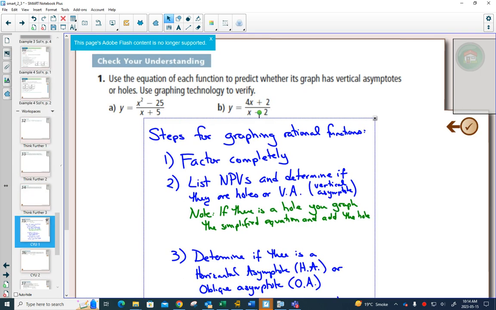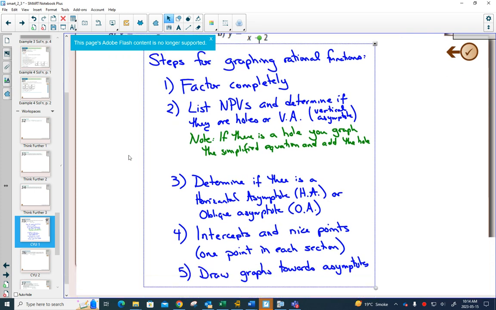And the first thing I'm going to get you to do is write these steps down. We're going to use these 5 steps for all of 2.3 and all of 2.4. And now till the end of this unit, we are just going to be practicing graphing.